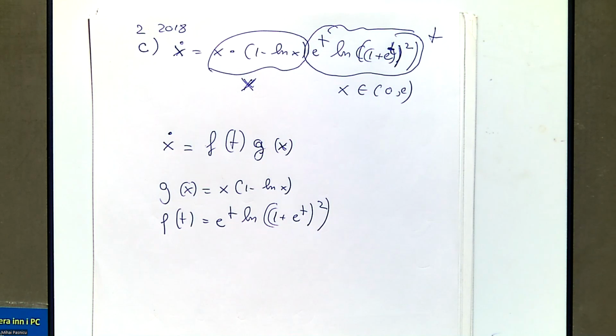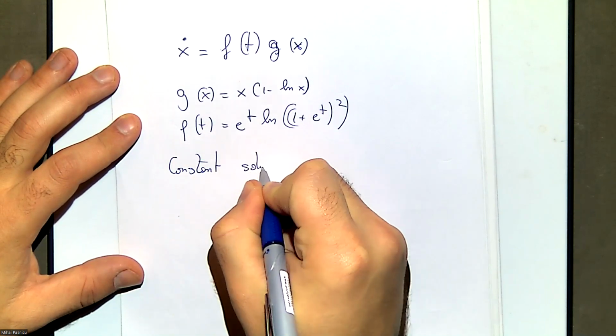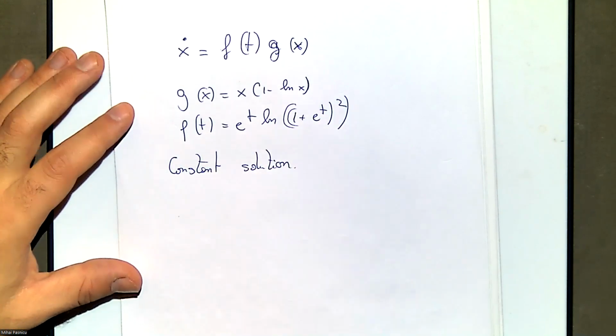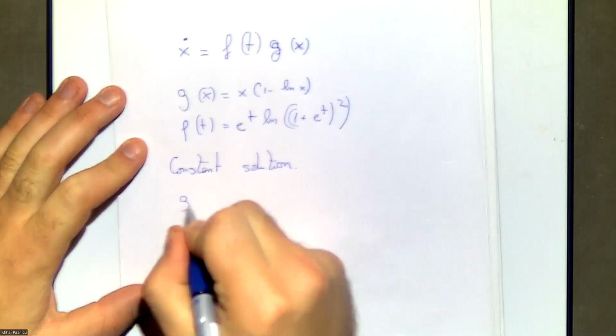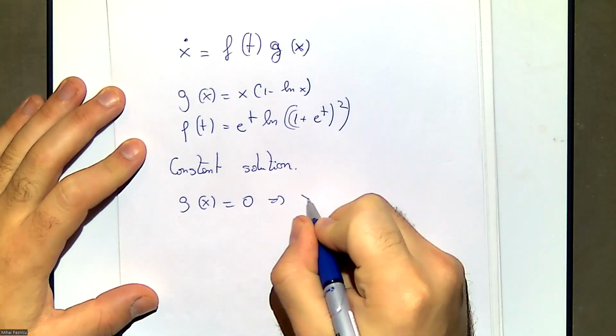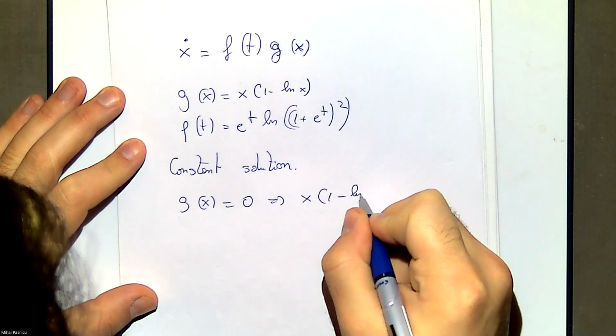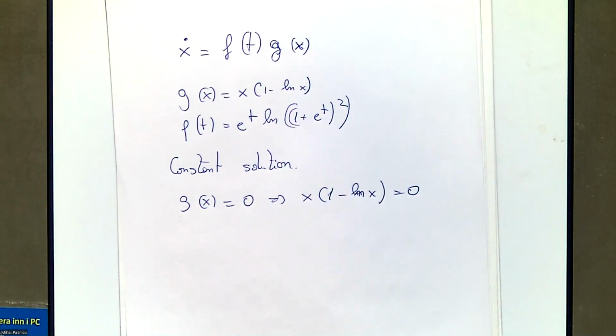Now my next step is I'm going to look for a constant solution. A constant solution is basically g of x being equal to 0, which means x times (1 minus ln of x) is equal to 0.